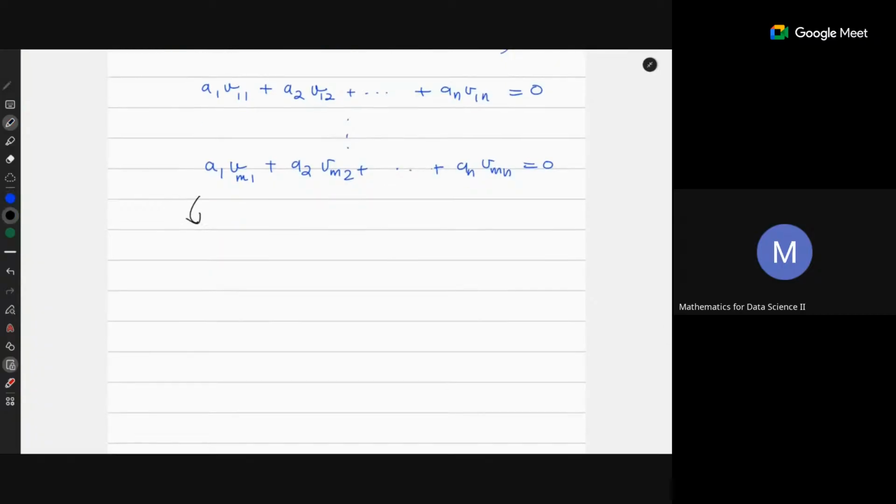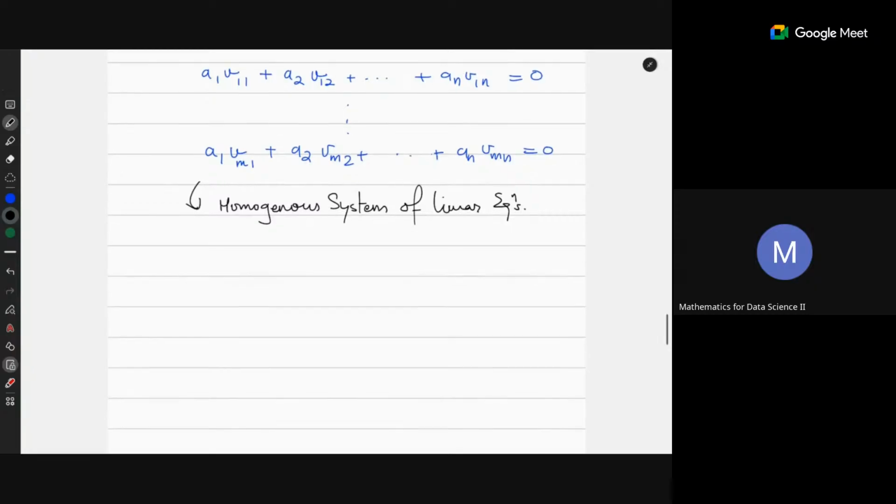This is a homogeneous system of equations, and you have already seen how to solve this system of equations.